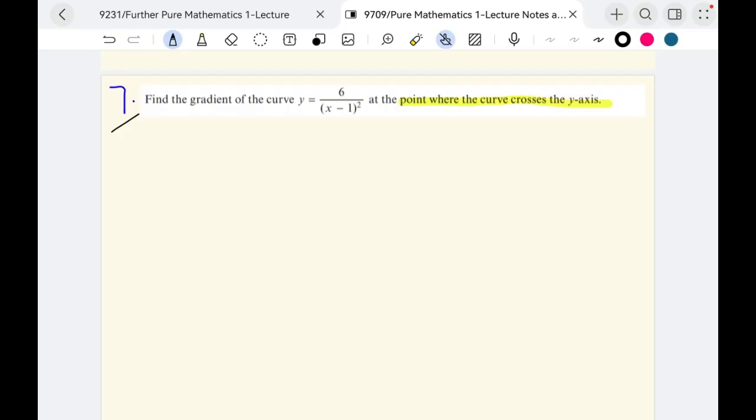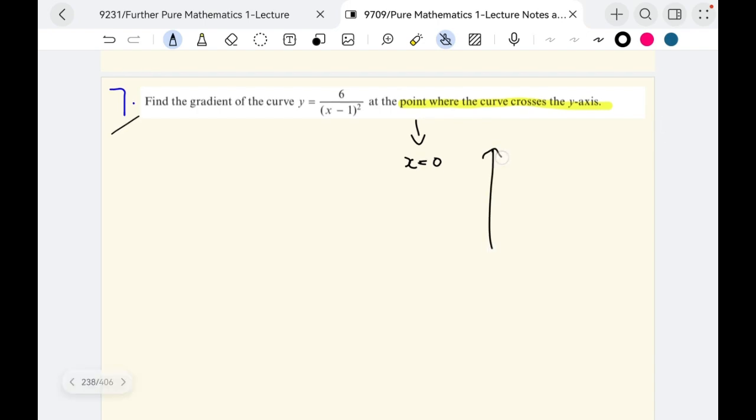What does it mean? This curve is a reciprocal function. As it crosses the y-axis, the x coordinate of this point is equal to 0, because the curve cuts the y-axis.